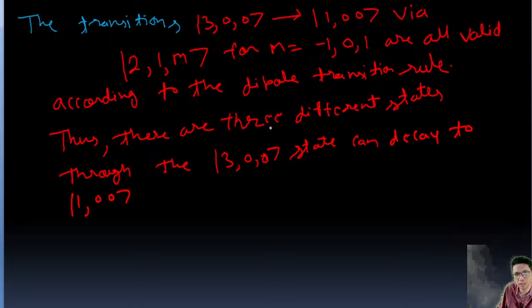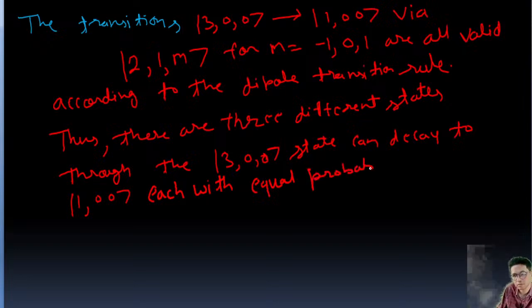So there are three different states through which this state can decay into this state, okay, each with equal probability.